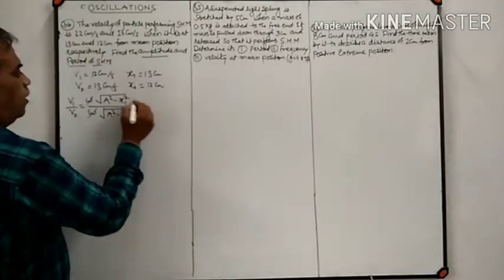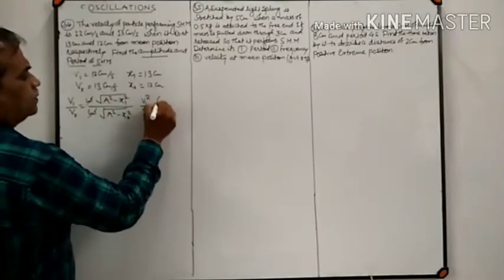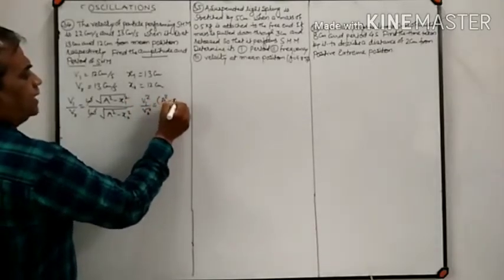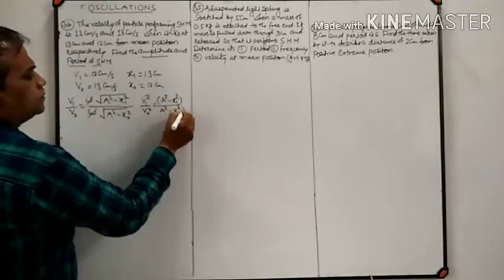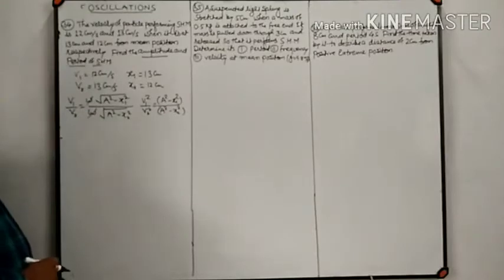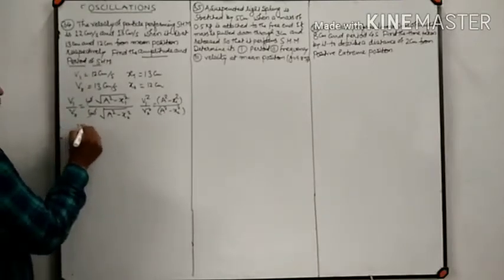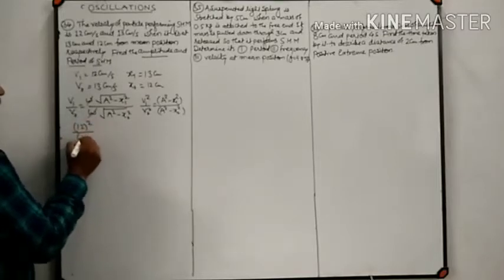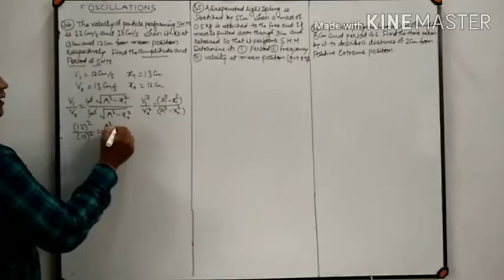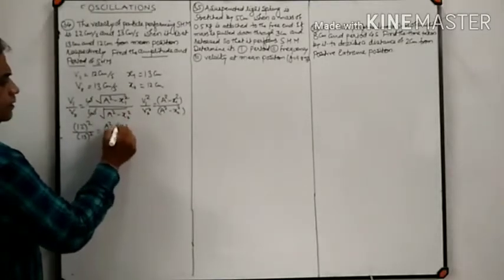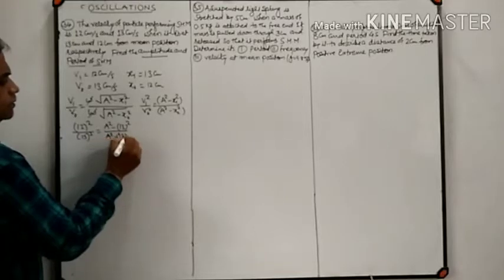Or we can say V1 square upon V2 square is equal to a square minus x1 square upon a square minus x2 square. Now put the value of V1 and V2. So it is 12 square upon 13 square is equal to a square minus 13 square upon a square minus 12 square.